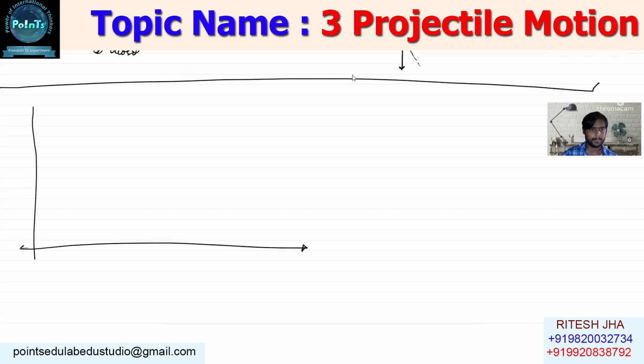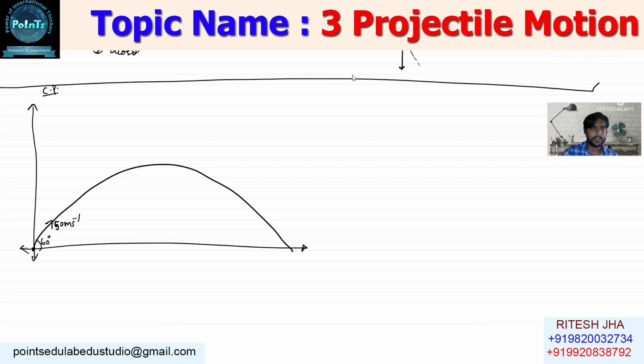Suppose the object is launched with 50 meters per second in a standard projectile motion, at an angle of 60 degrees.